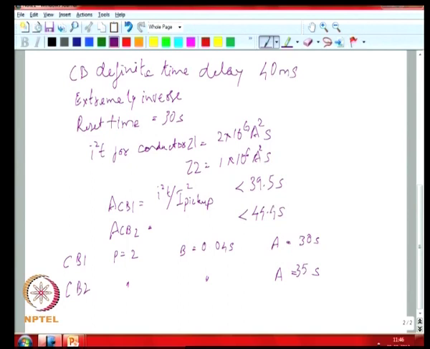Next we will have to look at the fault conditions. If you have a fault in zone 1, circuit breaker 1 has to operate.